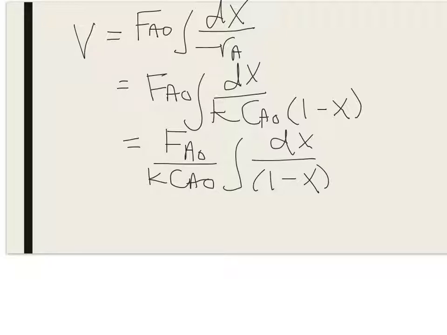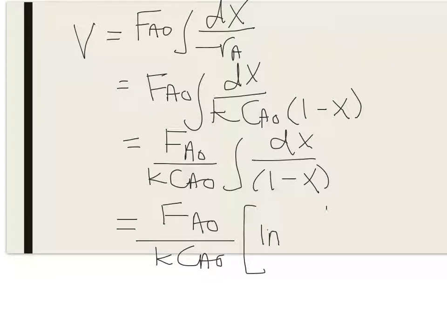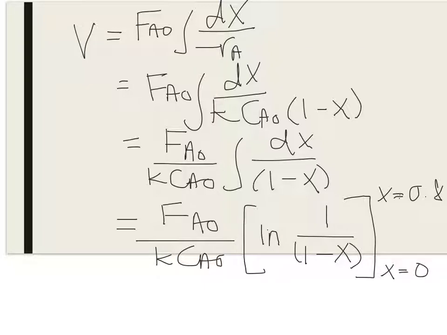So we just integrate, and finally we have FA naught over K CA naught times ln of 1 over 1 minus x, within the limits x equals 0.8 and x equals 0. Here is the reference where the integral of dx over 1 minus x equals ln of 1 over 1 minus x.